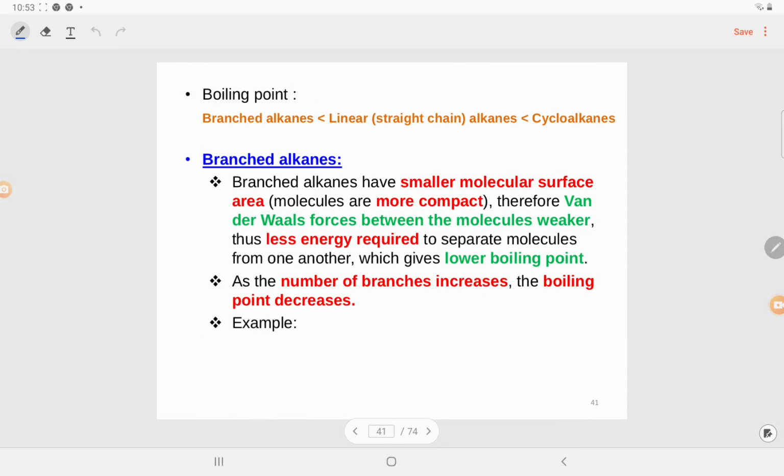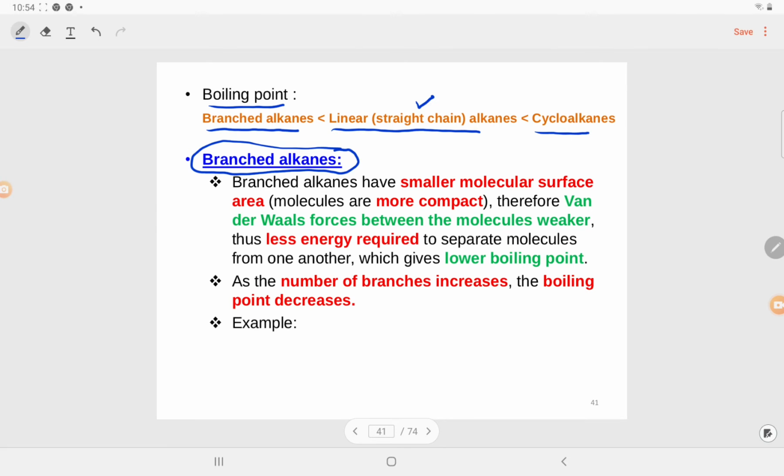The next factor is branching. If the alkane is branched, the strength of the forces becomes lower and the boiling point becomes lower. If we arrange them, branched alkane is lower than linear alkane, which we can call a straight chain, and the cycloalkane is highest because it is a symmetrical compound.